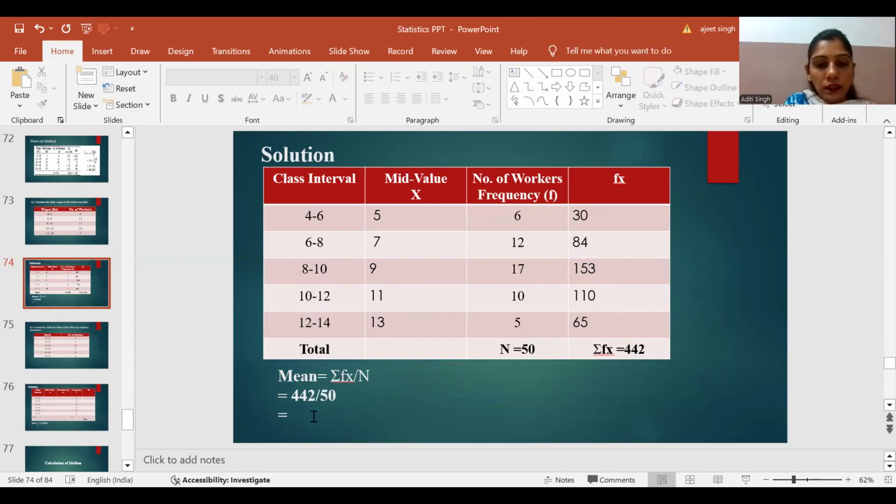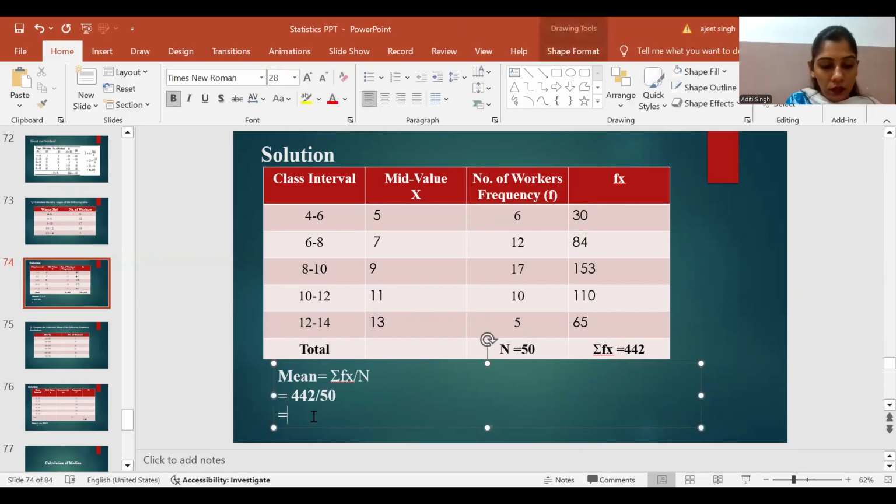So the answer is rupees 8.84. This is the value of mean. We can also say the average daily wage of a worker is rupees 8.84.